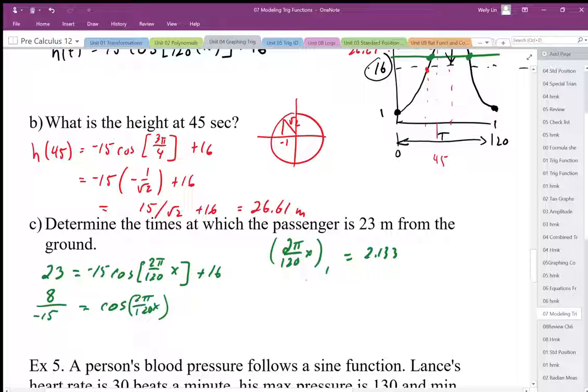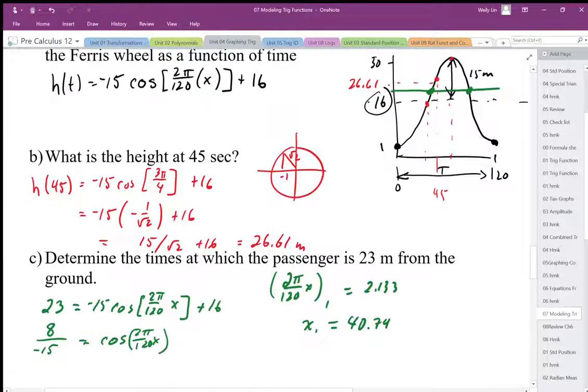And then I'll solve for x here. I'll call that x1. When I solve for that, multiply by 120, divide by 2 pi. So I'm getting a time of 40.74 seconds. That looks about right. I'm going to write that 40.74.